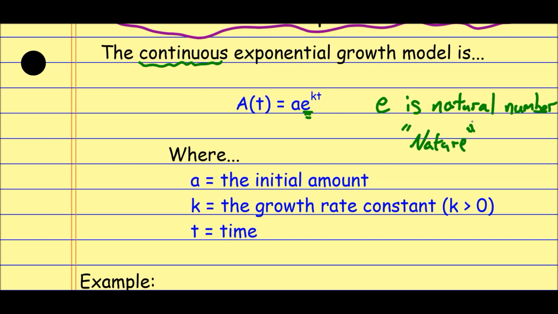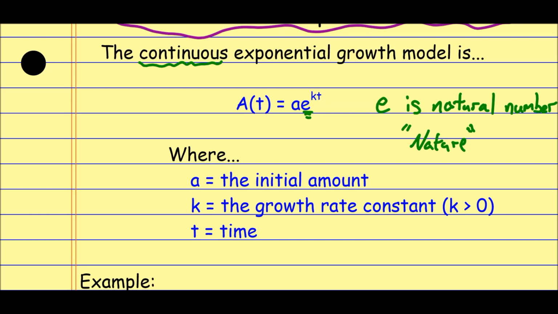And so it's an easy way to remember when I should use this. Any kind of biological examples, things that appear in nature, okay? Because again, we have no control over when those increases happen. When you look at population growth, the population is constantly changing all of the time. It's not like the population increases at the end of each month or the end of each year. The population is always changing, so it's continuous.